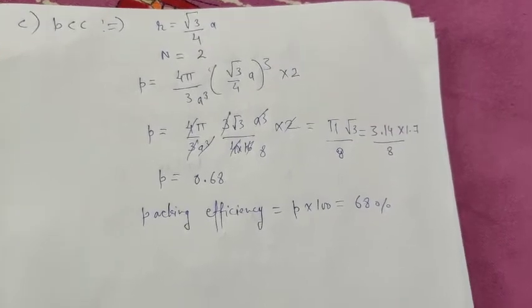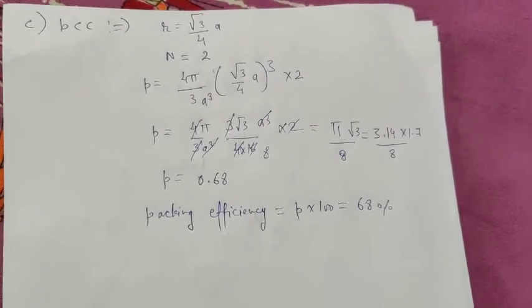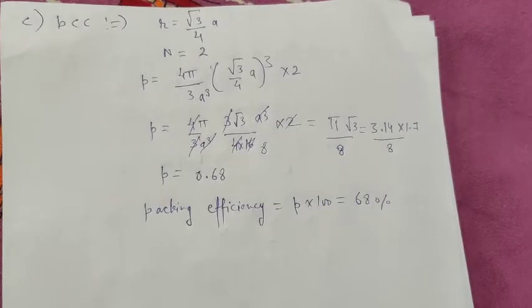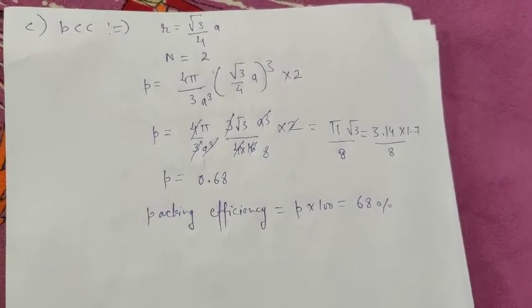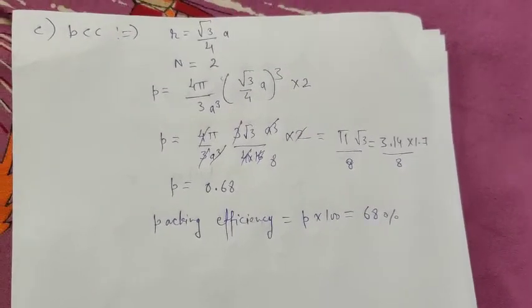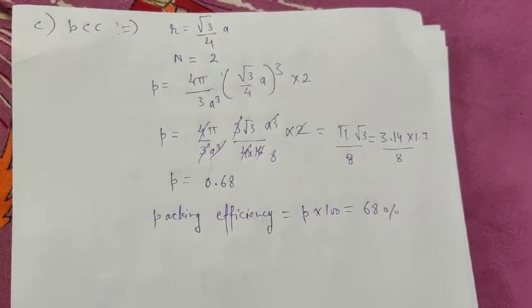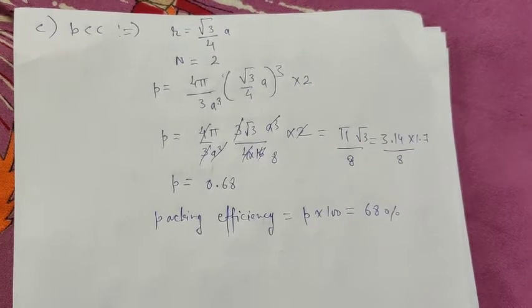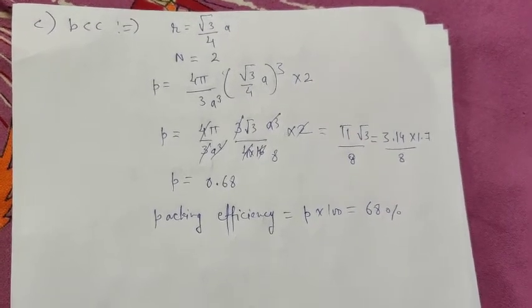So we can say that the face centered cubic unit cell or crystal in the cubic lattice has the highest packing fraction and the highest packing efficiency. So it is the most dense or most closely packed subsystem of the cubic crystals.